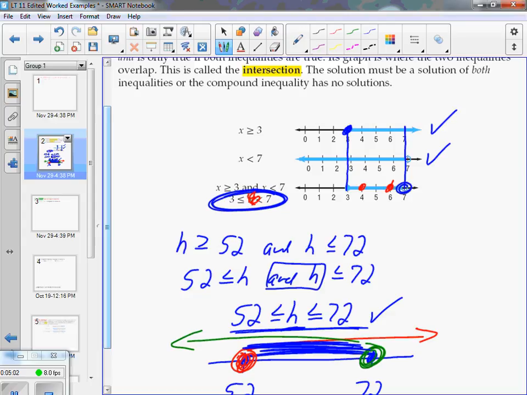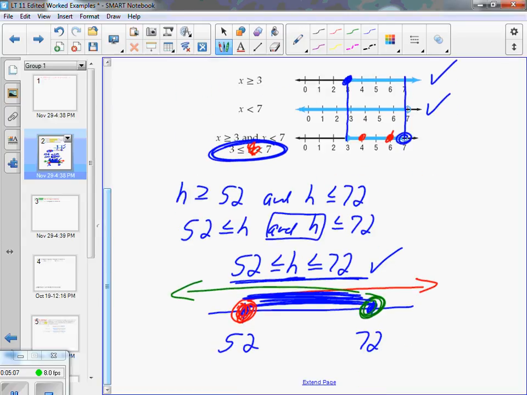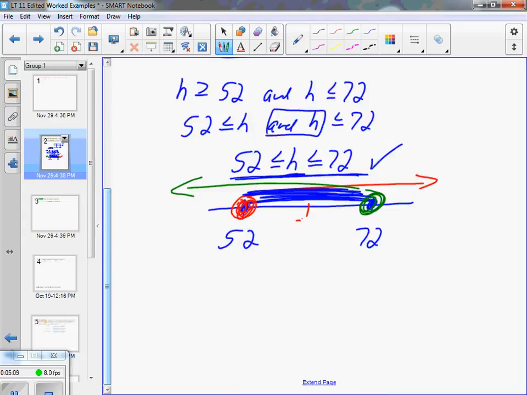Is 3 less than 6? Yep. Is 6 less than 7? Yep. The one we did here, 60. Is 60 greater than or equal to 52? Yep. Is 60 less than or equal to 72? Yep. So where the graphs overlap of the two parts, of the two inequalities, that's where the solutions are.